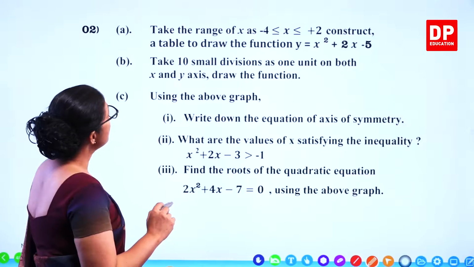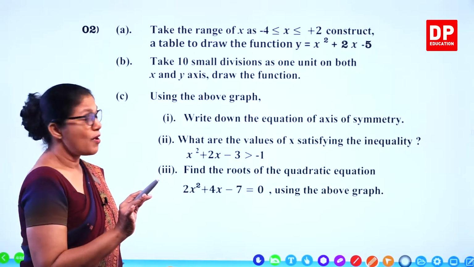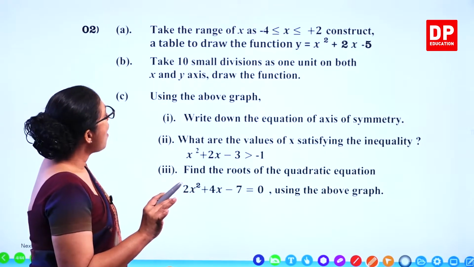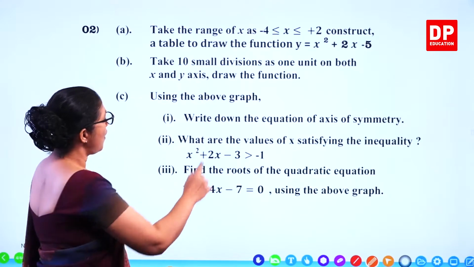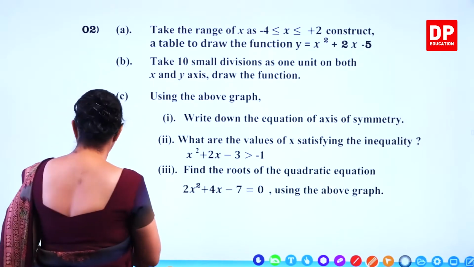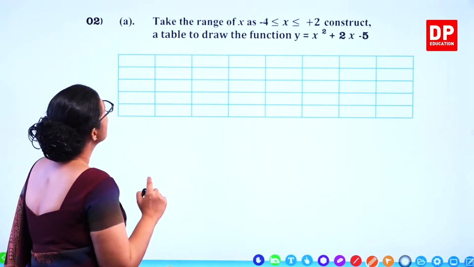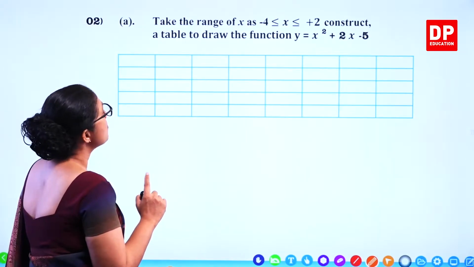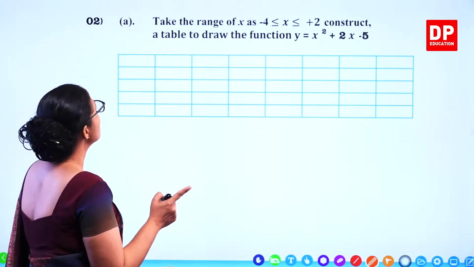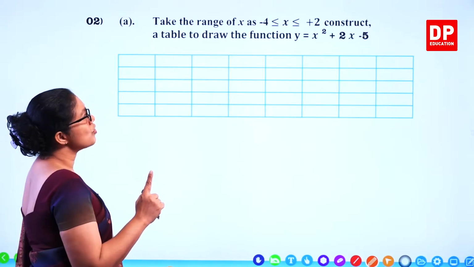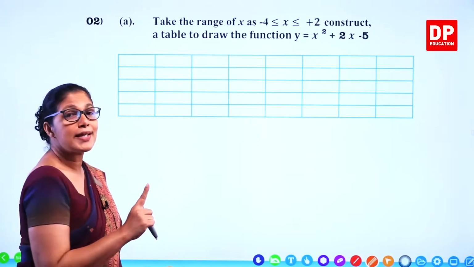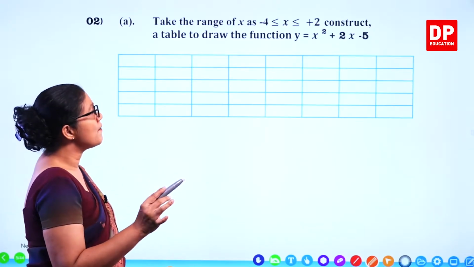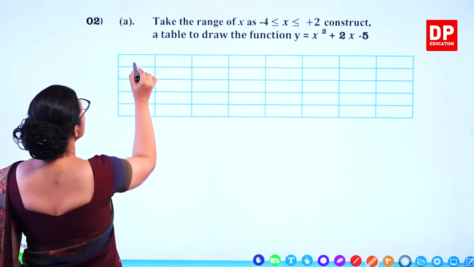Question number 2, this is about quadratic graphs. So you have to draw the graph and find these solutions. Take the range of x as -4 to 2. Construct a table to draw the function y equals x squared plus 2x minus 5. So here nothing given. So we have to construct the table.